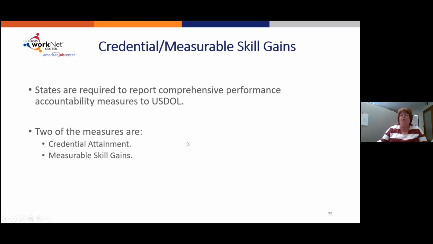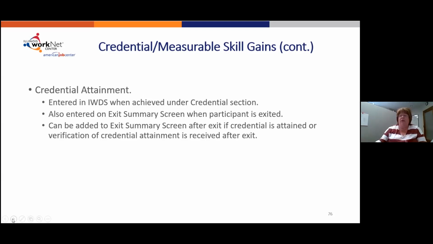There are some credentials and measurable skills gains that are required to be entered. We as a state are required to report comprehensive performance accountability measure information to DOL on a regular basis, quarterly or annually. Two of the measures that we use as a part of those are the credential attainment and measurable skills gains, so we need to have those entered.